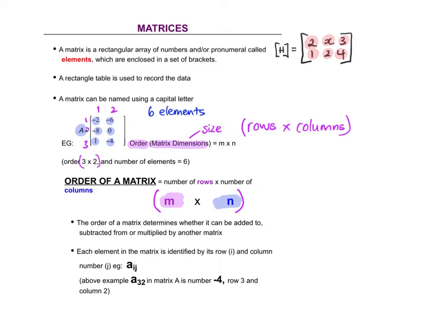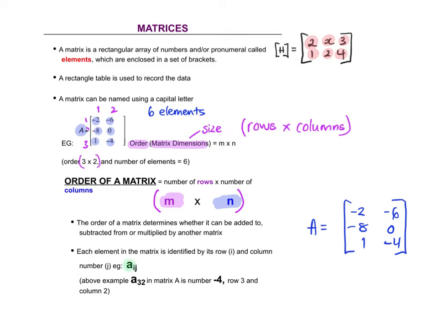Now, we've already talked about the numbers inside. I'm going to write A down here again. If I've got matrix A and these are the elements, -2, and so on, I'm just writing it out again. If they want to refer to an element inside that matrix, they often use a little letter.